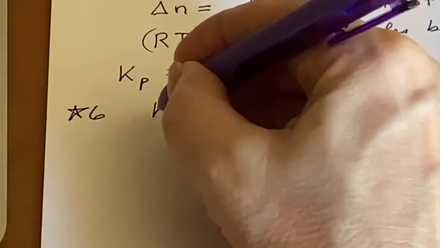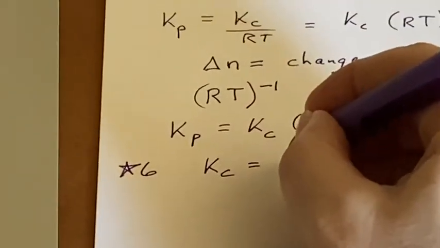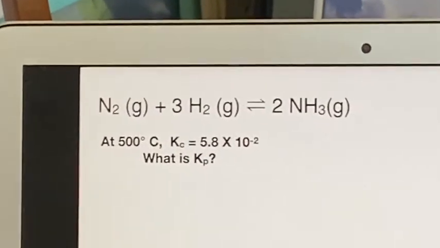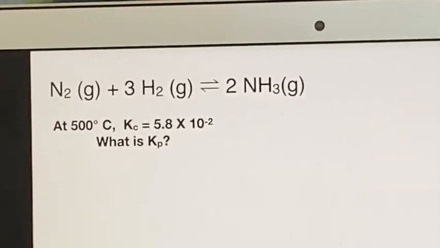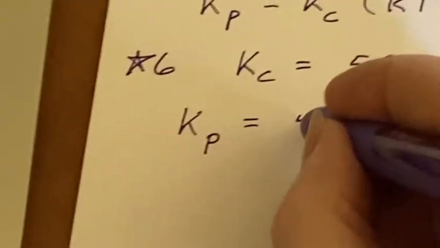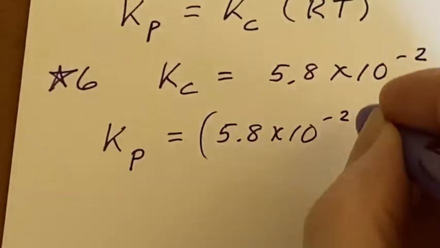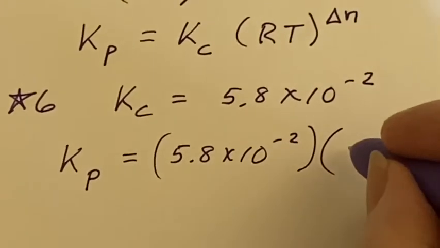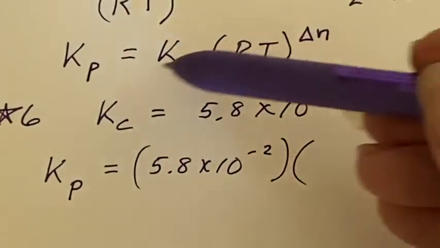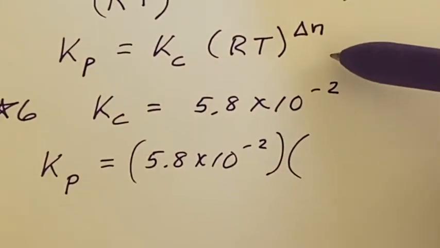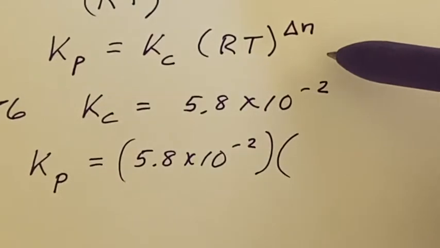Well, they have told us what K sub C is, that it's 5.8 times 10 to the negative 2. K sub P should be this 5.8 times 10 to the negative 2, and that will be multiplied by R. When I did my derivation of this formula, I used the gas law, PV equals nRT.